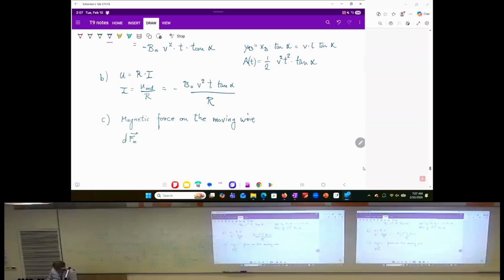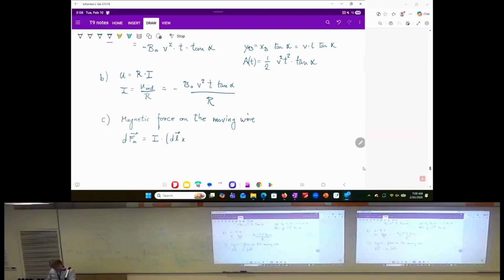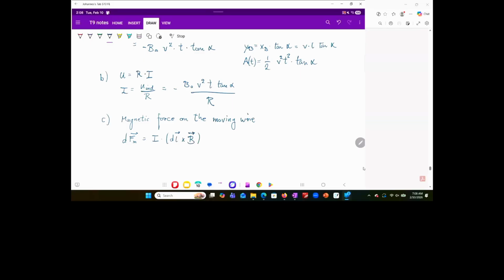We said that it depends on the current, and on the orientation of the wire element, which is given by the vectorial length element dl, and the cross product with the magnetic induction.